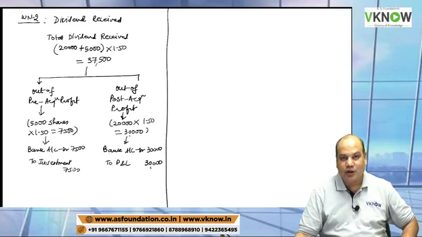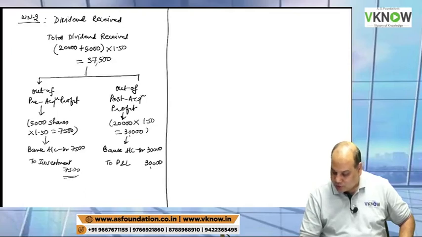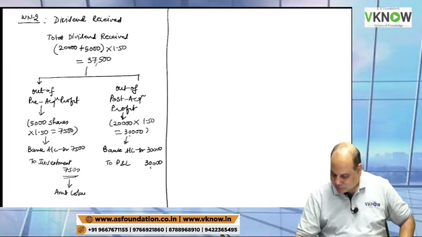So this is the entry for dividend. When we prepare the answer, 7,500 we will write in amount column and 30,000 we will write in income column.